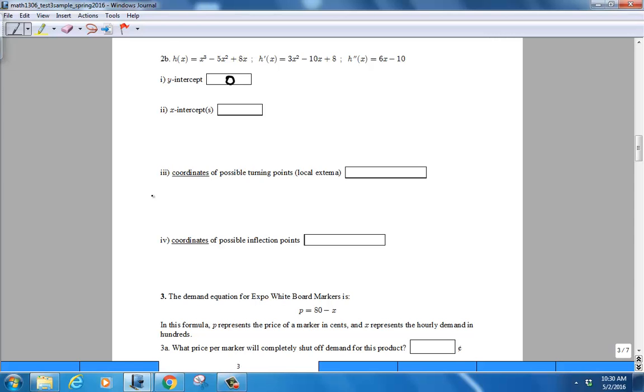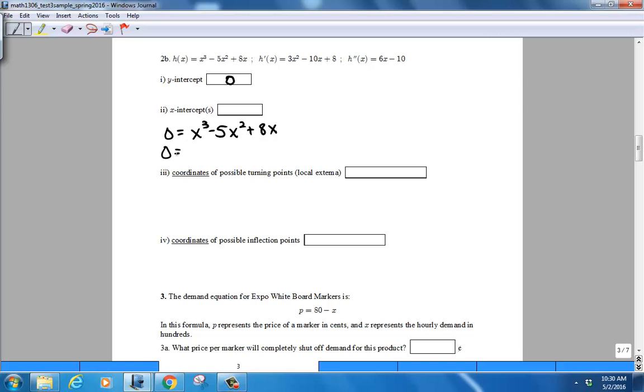It's 0. For the x-intercepts, that's trickier. To find the x-intercepts, where does this function cross the x-axis? You need to set the formula to 0. So we have to take 0 equal to x cubed minus 5x squared plus 8x and try to solve that equation. That's a tough equation to solve, let me tell you.